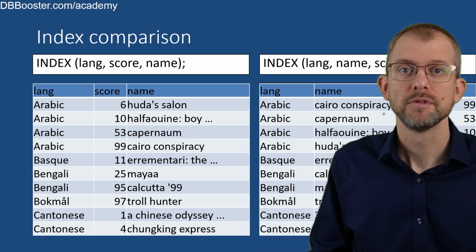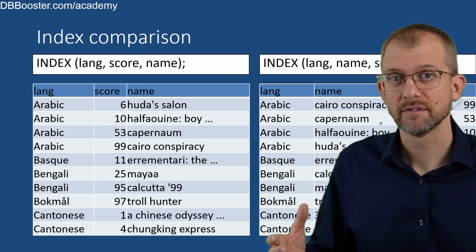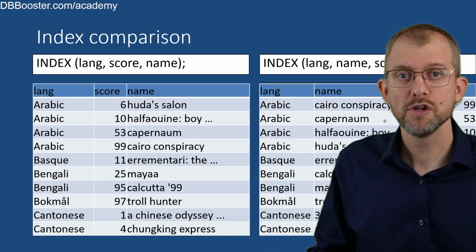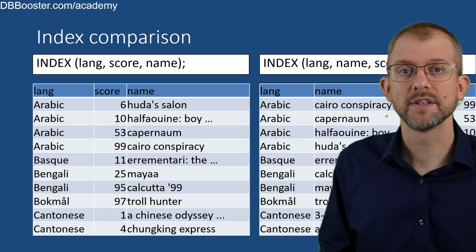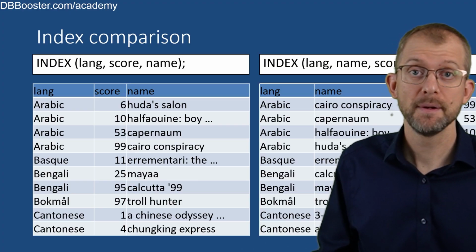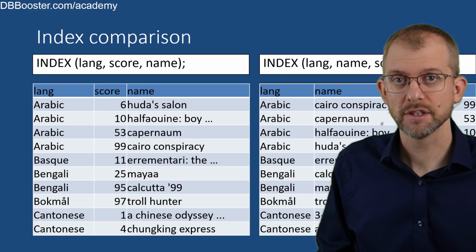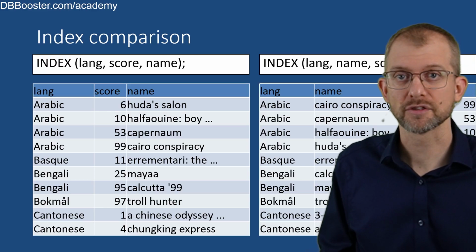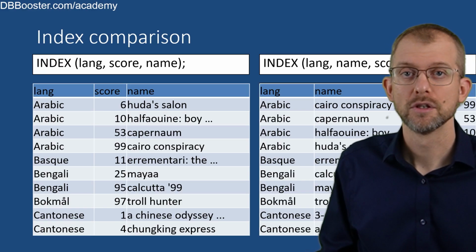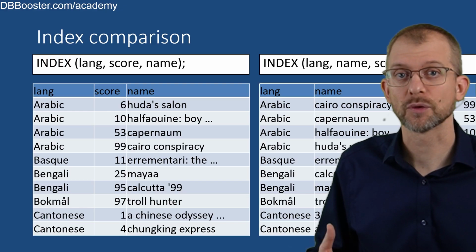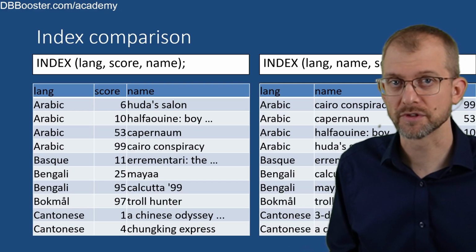Even when you see an index range scan in the execution plan, you must always check whether there is a gap in the index prefix. In my example, I used language in the condition, and language is the first column of both indexes. So for both indexes, an index range scan can be used.